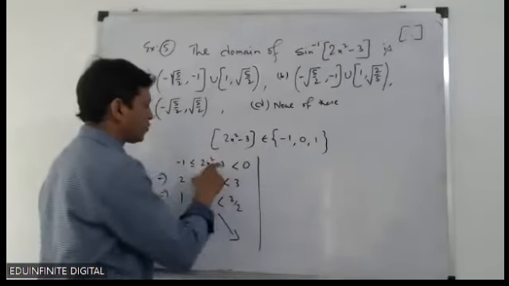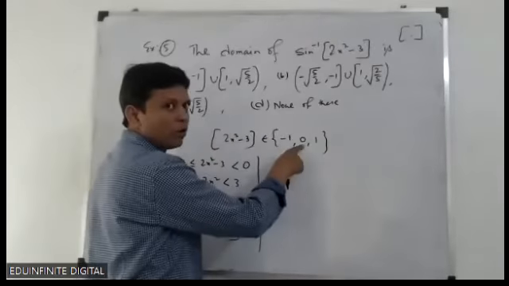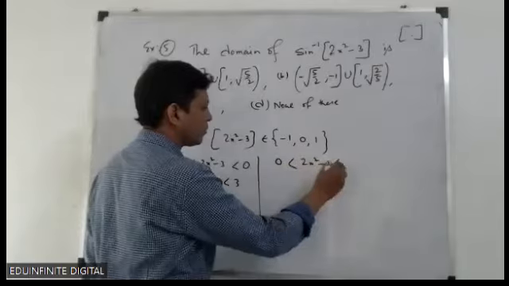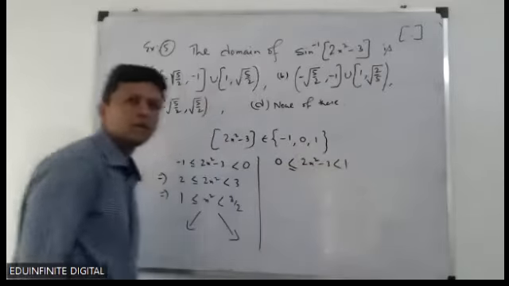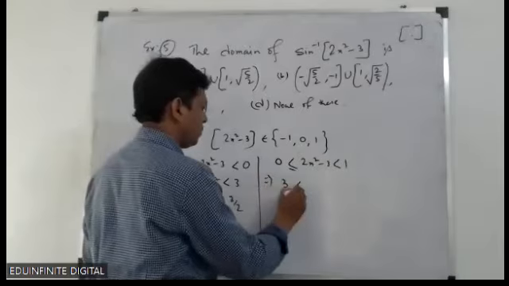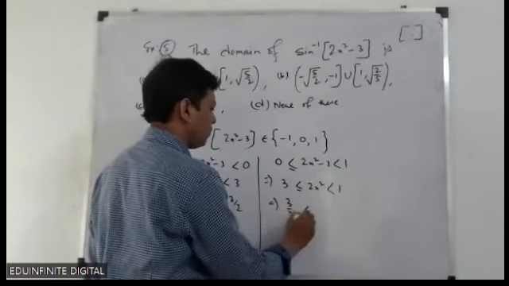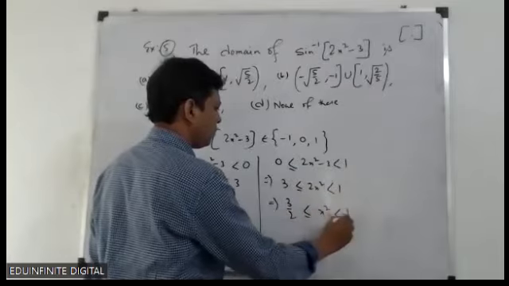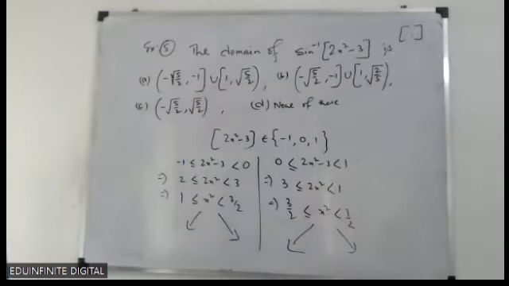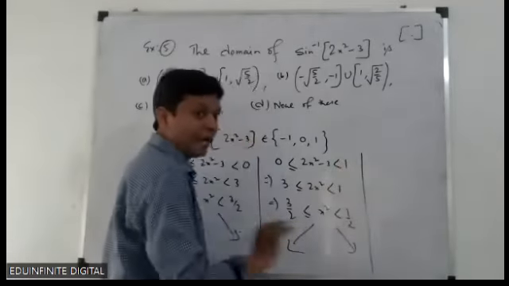Now, this is for minus 1, then it will be 0 to 1. Now, this is for 0, then it will be 0 to 1. From here you can get the intervals. And lastly, just note down the calculation.